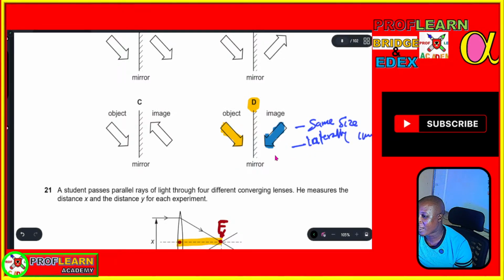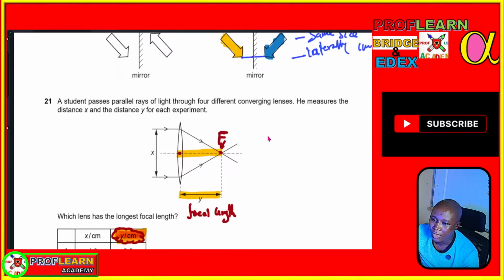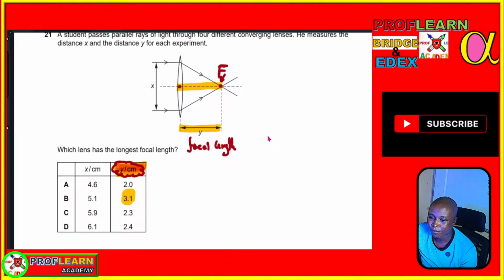Equidistant from the mirror, so this distance here should be equal on the other side. So those are some of the characteristics that you need to remember. Same size, laterally inverted, upright, and so on. Yeah, so question number 21.